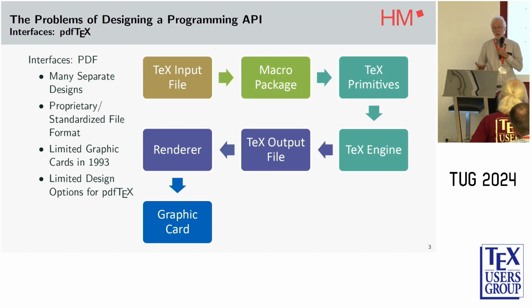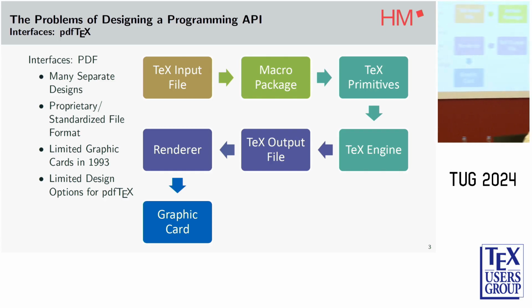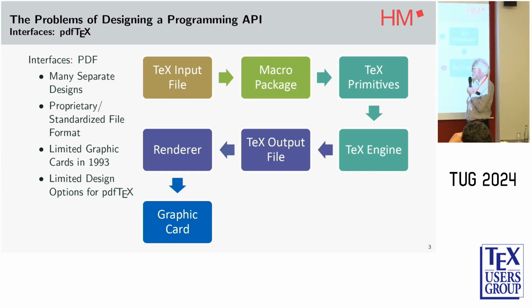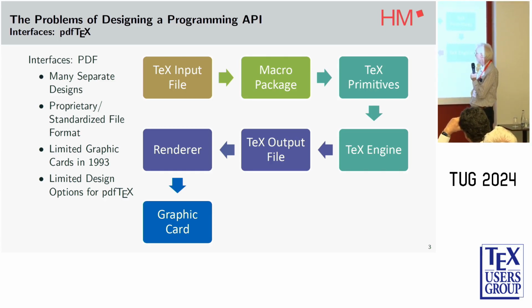And the TeX output in that case was PDF, and PDF belonged to Adobe and later became a standard. So you cannot change PDF TeX. So you have only a little bit of design space making these primitives map to the primitives of PDF.